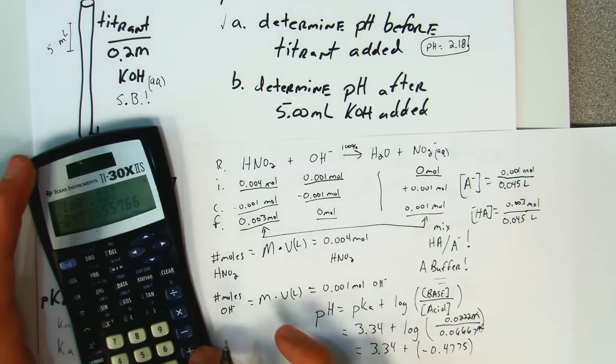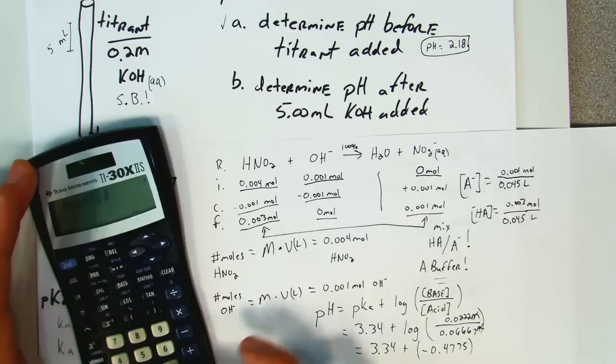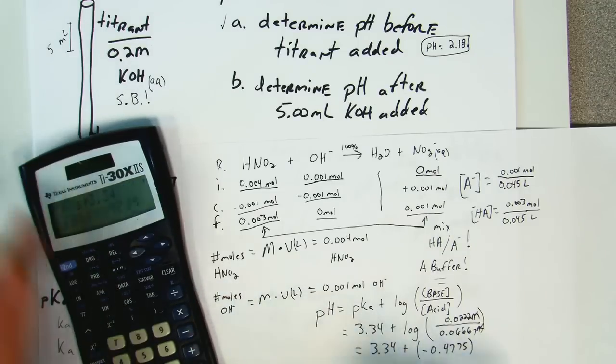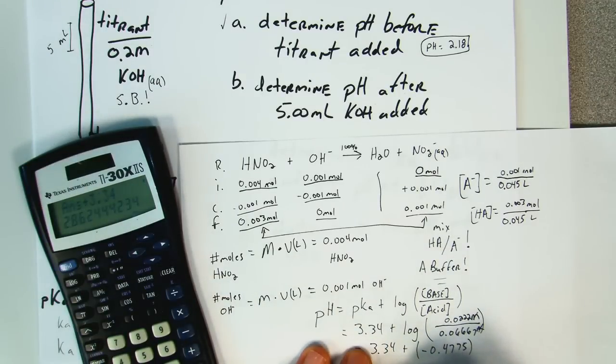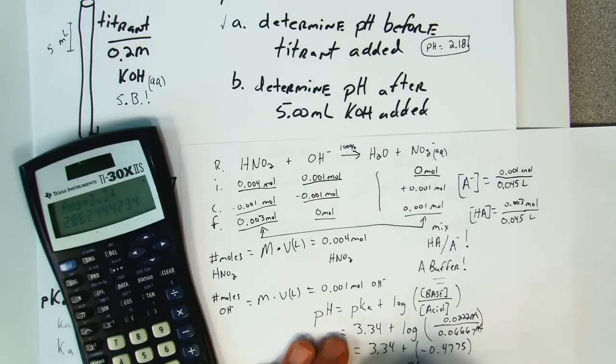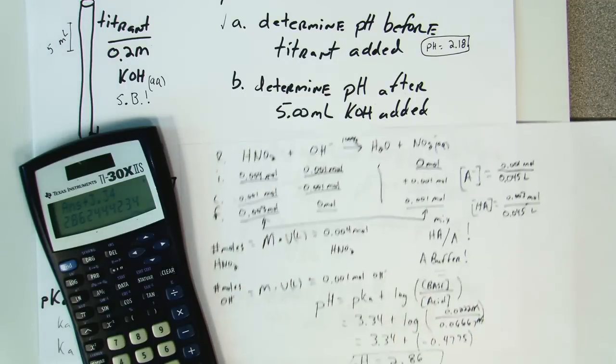So if I add that number to 3.34, I get 2.86 for my pH.